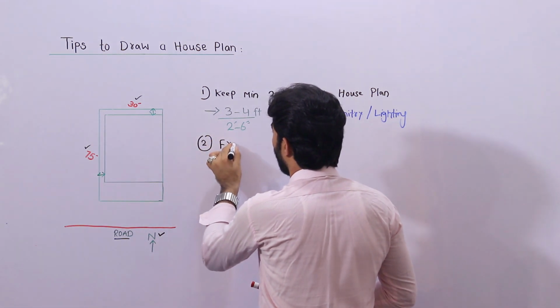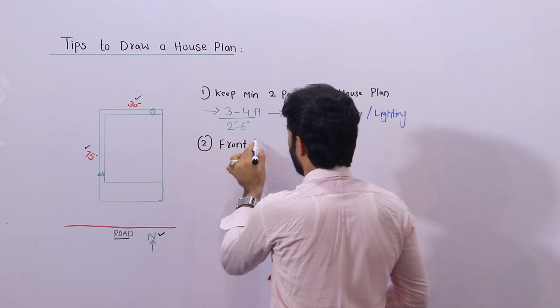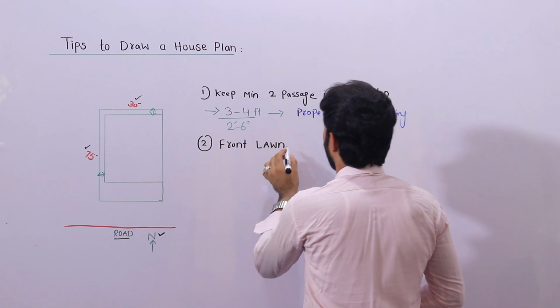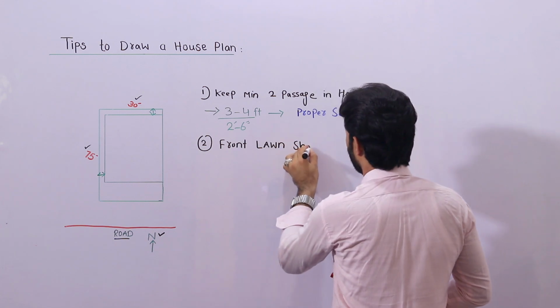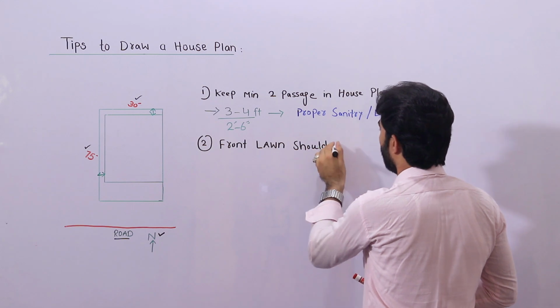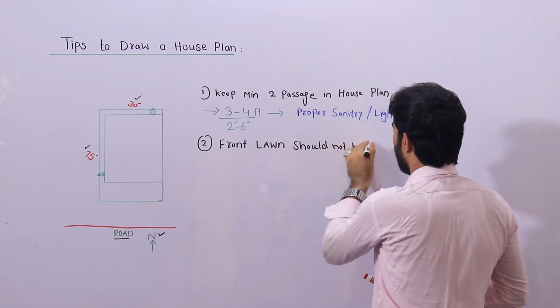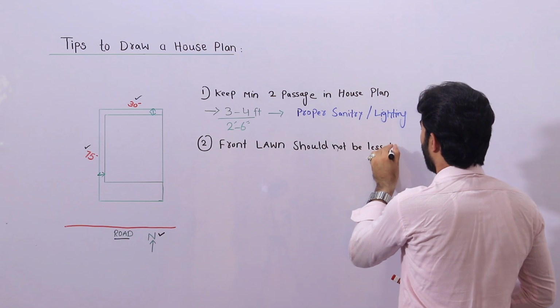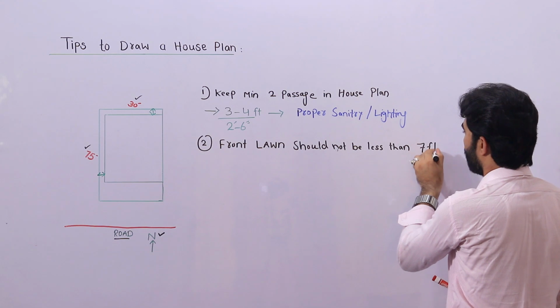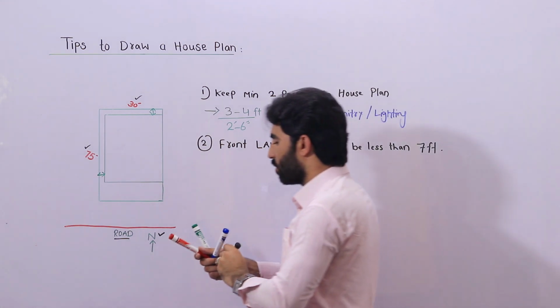The front lawn should not be less than 7 feet. So this is the front lawn, guys, you can see.